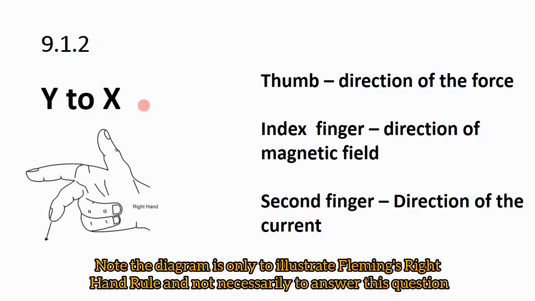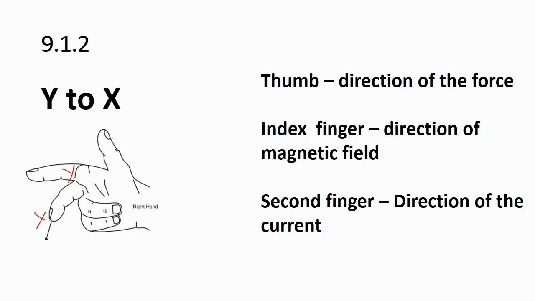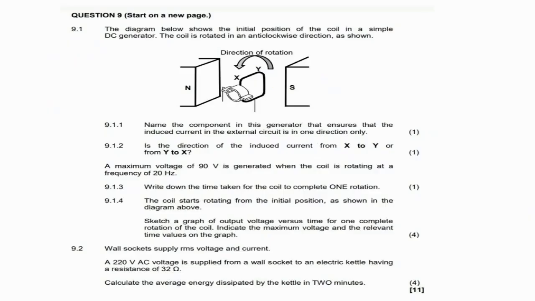And then you'd find that the direction is from Y to X, so the current will flow all the way from Y to the position X, right? So it is indicated by the second finger, because it is the direction of the current.